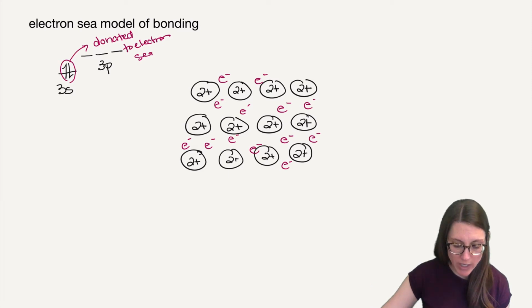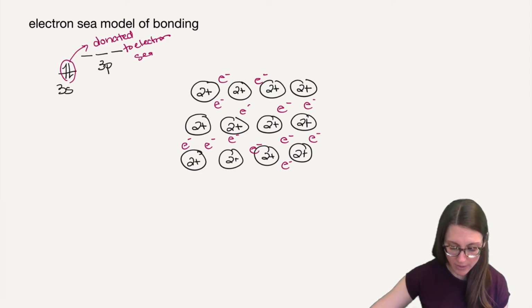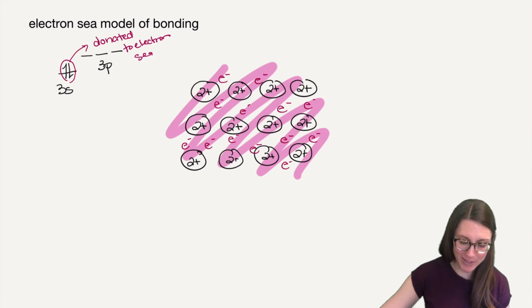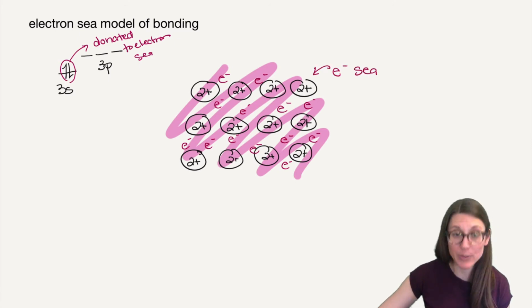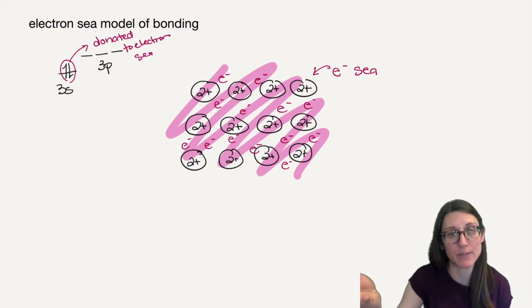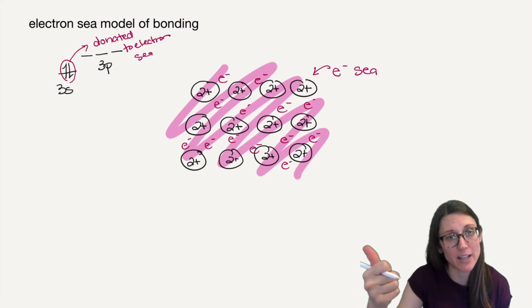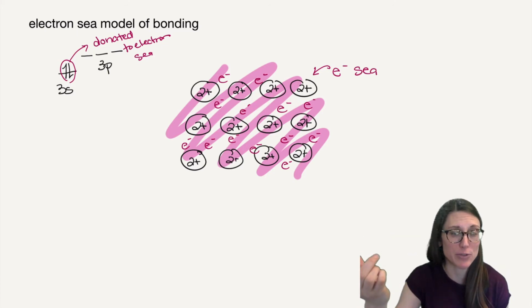And so you end up with your fabulous electron sea, where everything's attracted to everything else. Please note, we still have positive and negative attractions. We have positive metal cations attracted to this negative electron sea.